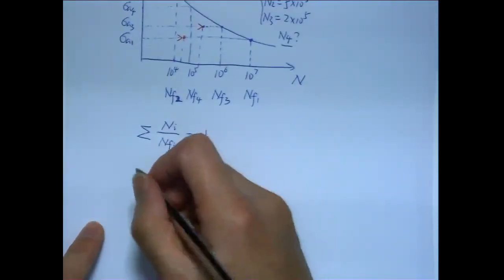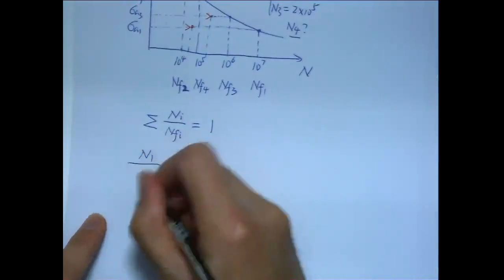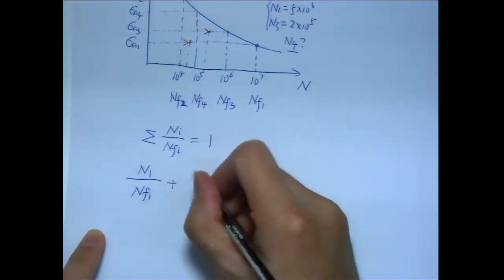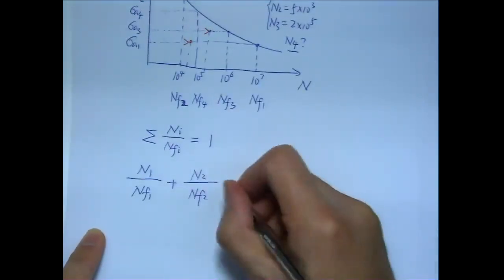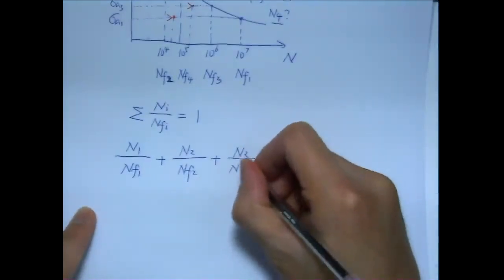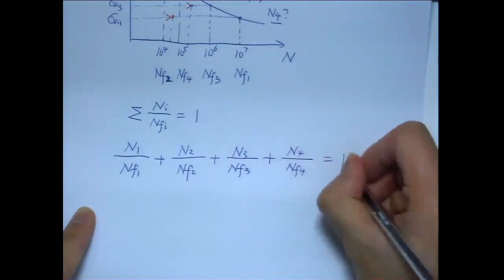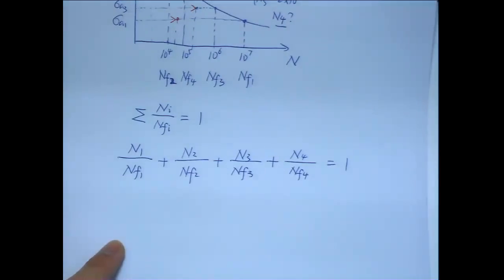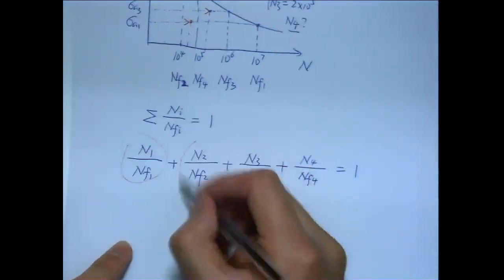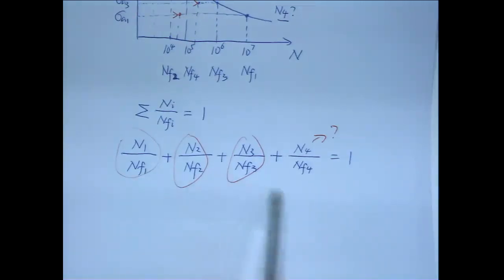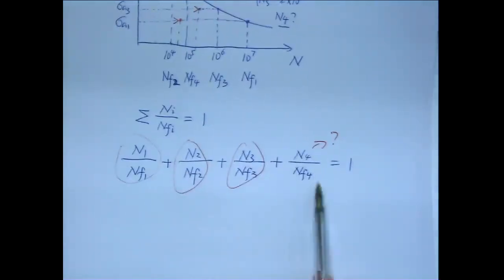Let's expand this equation: N1 over Nf1 plus N2 over Nf2, plus N3 over Nf3, plus N4 over Nf4 should equal 1. Now you know this part, this part, this part, but you don't know this one. So it's a very easy math problem. You just substitute all the values for the other terms, and then you get this one.